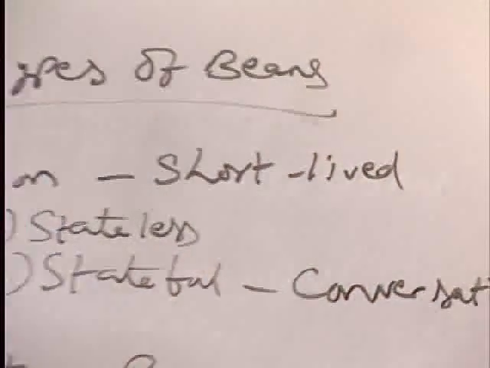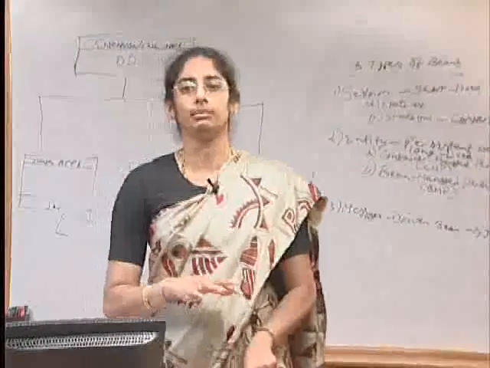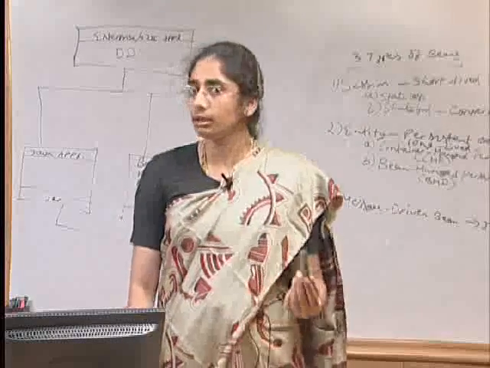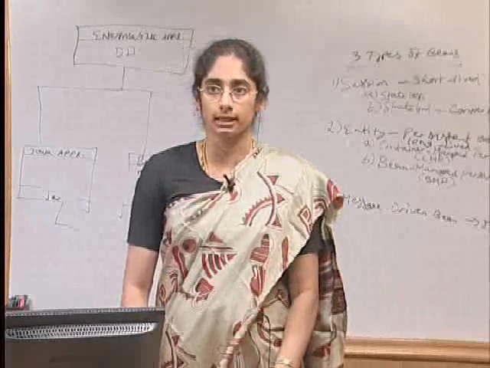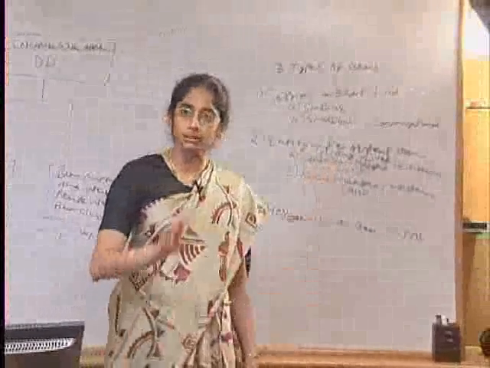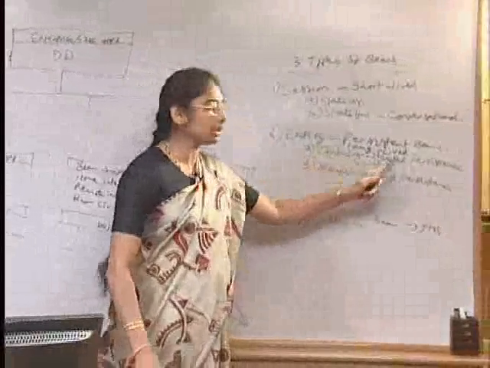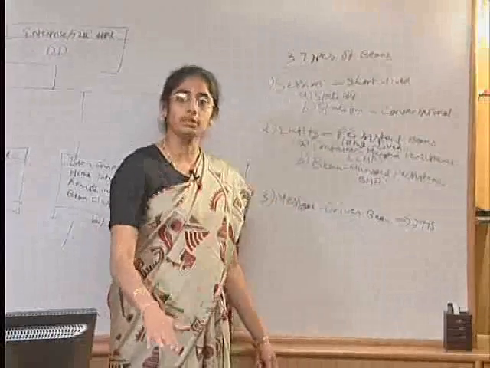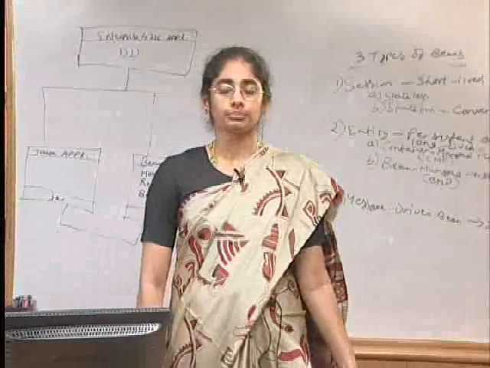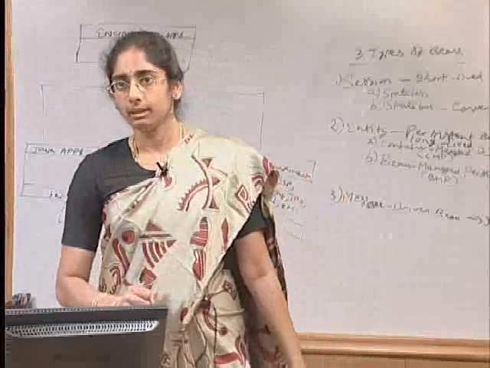Although in a stateful session bean you are storing the client information, it is only in the variables, so it is only in memory. If the server goes down, you lose the information, that is the client state. But entity beans, since they are persistent beans, store the information in a database, so they are long lived, because even if the server goes down, you can retrieve the information from the database. And who is going to handle the persistence?